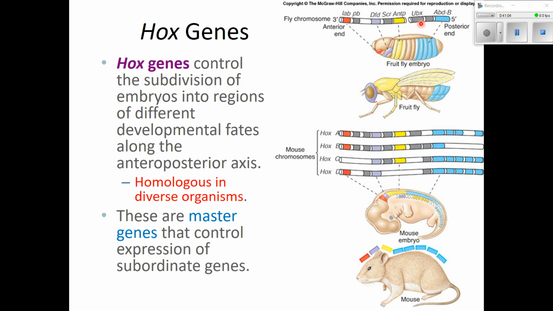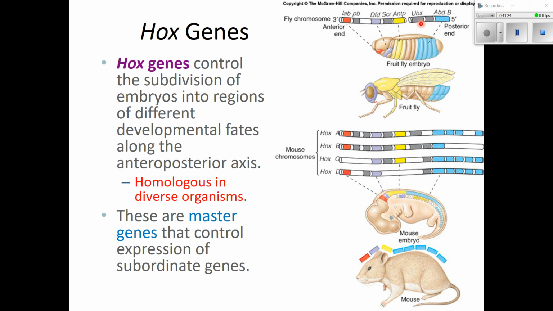You don't want legs growing off the side of your head. If you're an insect, you don't want antennae growing from your abdomen. You don't want an eyeball in your back. And so Hox genes control where certain development processes take place.